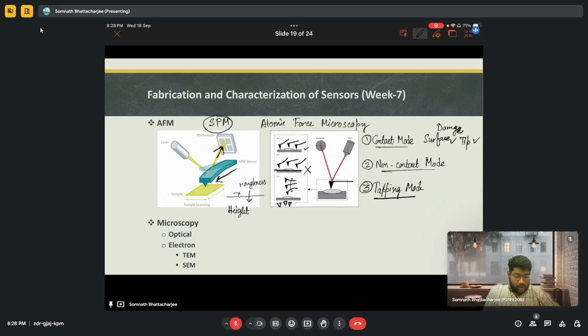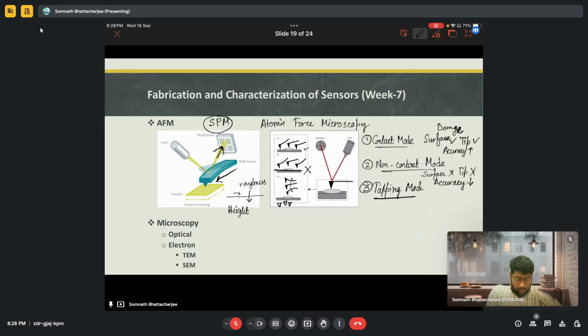In non-contact mode, there is no damage to the surface and no damage to the tip, but there's another issue with accuracy. In non-contact mode, the accuracy is very low. Accuracy and precision both, right?